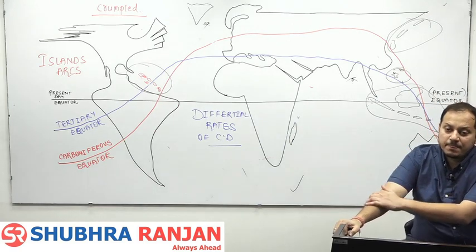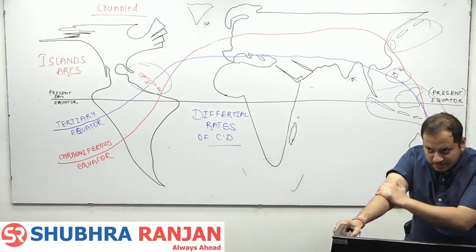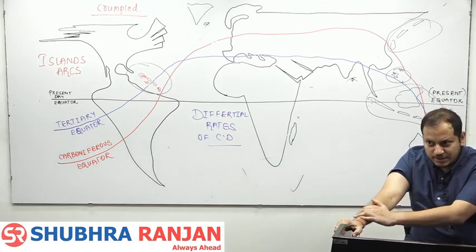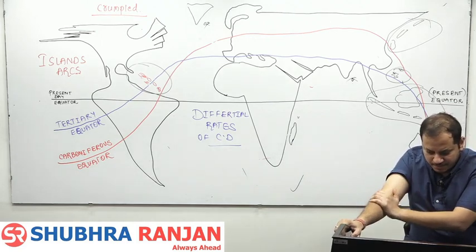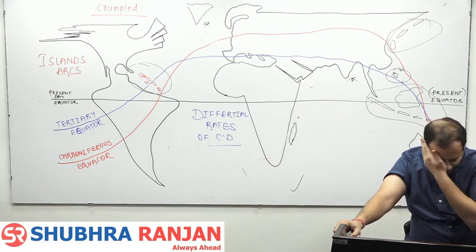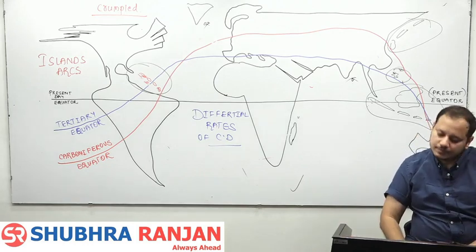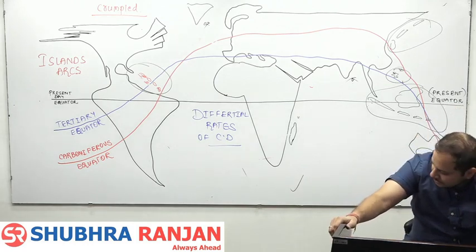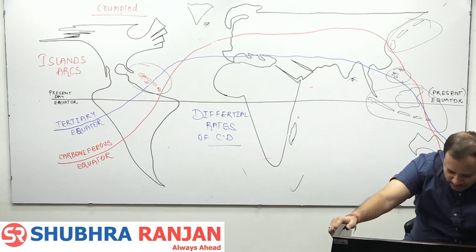is, initially Wegener assumes that Sial floats on Sima without resistance.